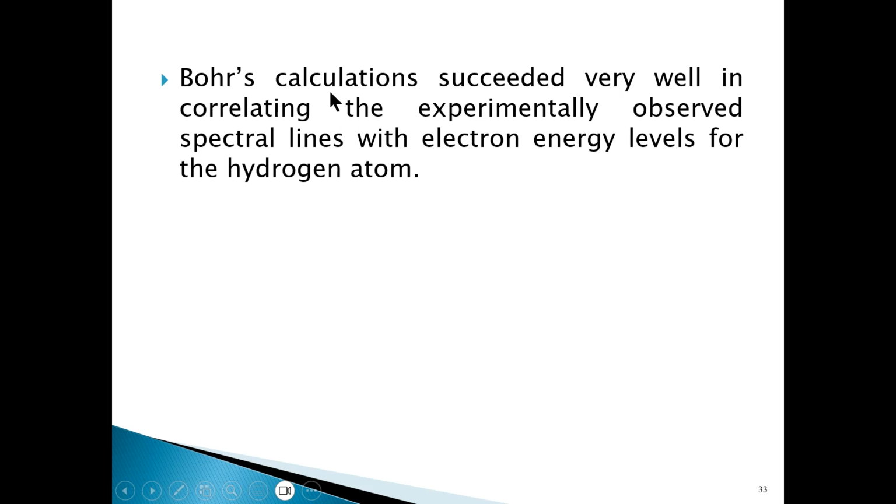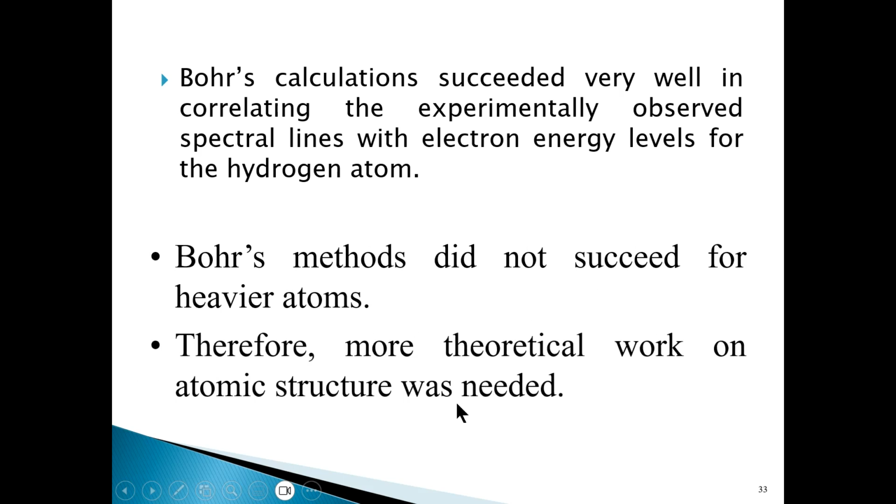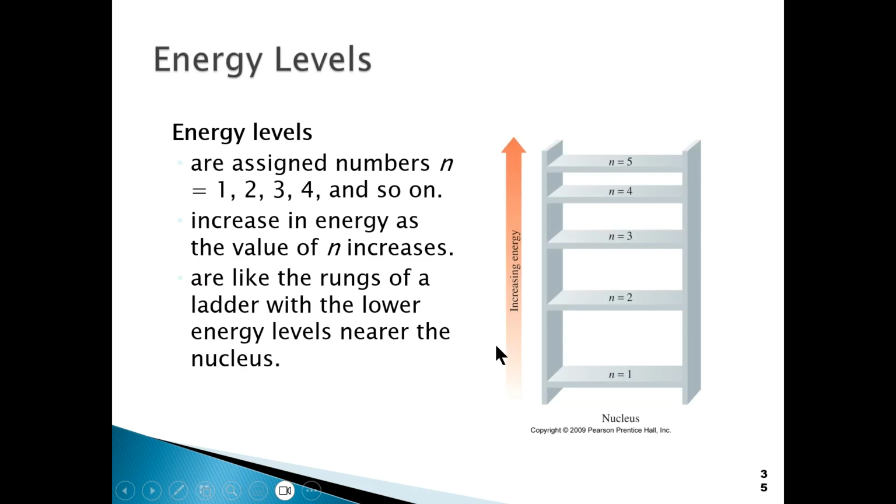Now, the thing about Bohr's calculations is that it works very well in terms of explaining what is observed experimentally as far as the spectrum of the hydrogen atom is concerned. Problem is that it didn't succeed for heavier atoms, so more theoretical work needed to be done in order to determine more accurately what the atomic structure of different atoms is, right? But we won't get into that here.